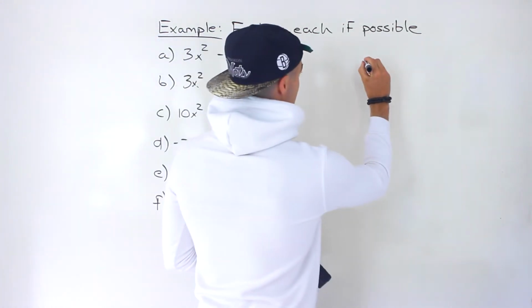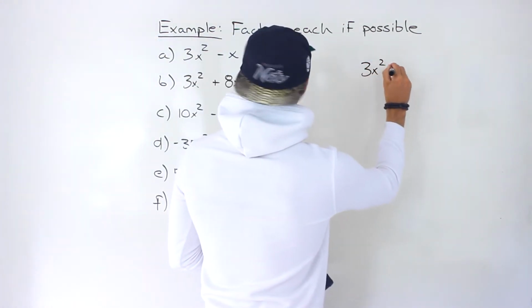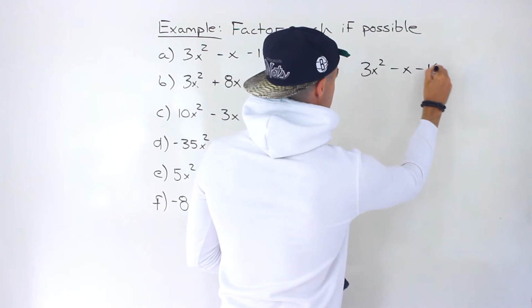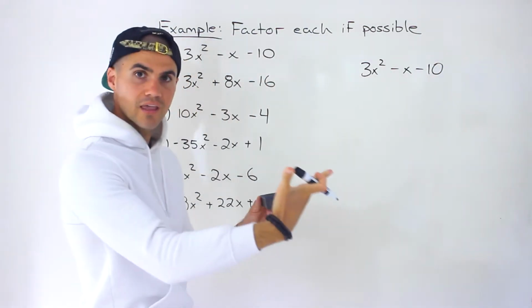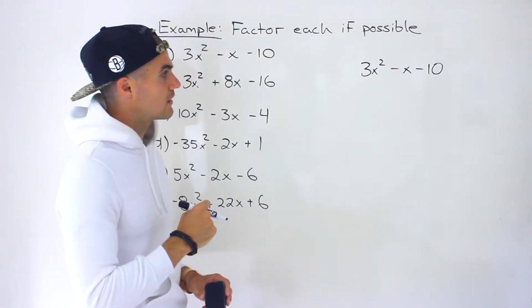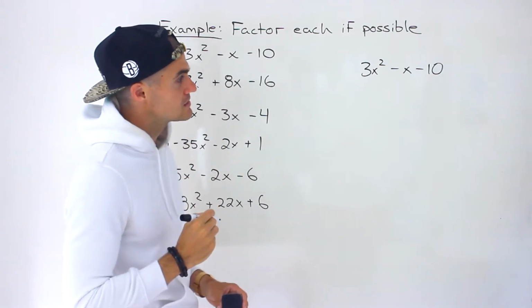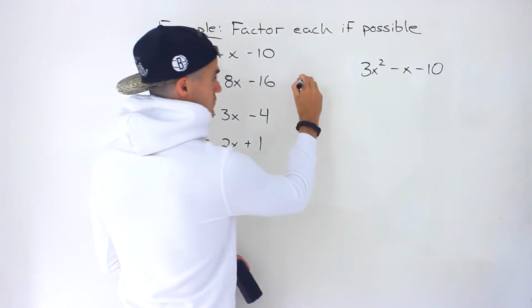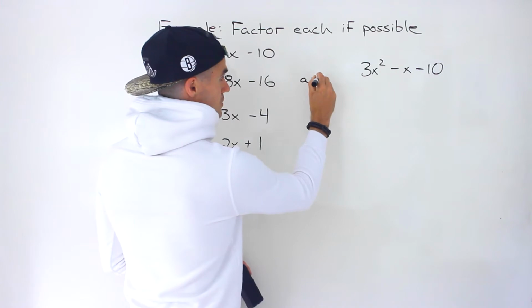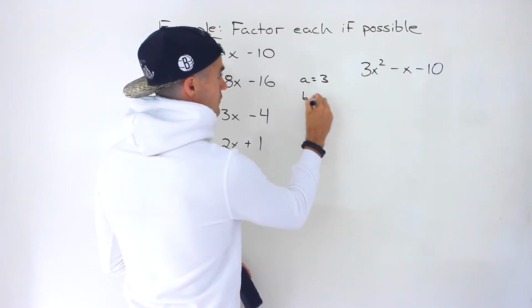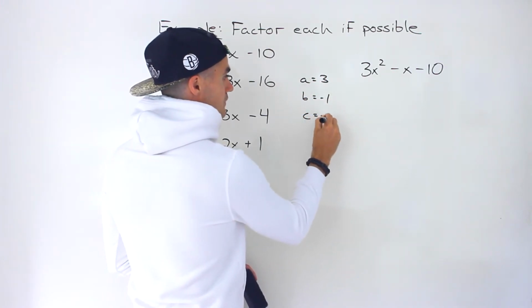So let's say with 3x squared minus x minus 10, first thing we always check for, can we take out a greatest common factor? Notice in this case we can't. And so let's see if this will factor by decomposition. So the a value is 3, the b value is -1, the c value is -10.